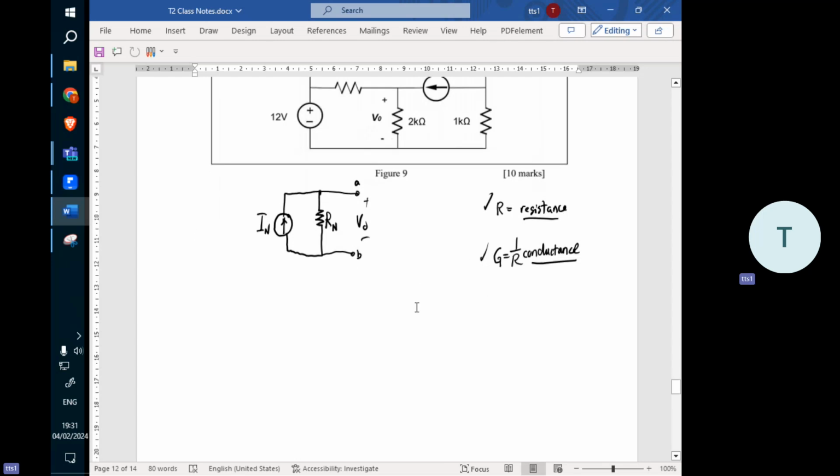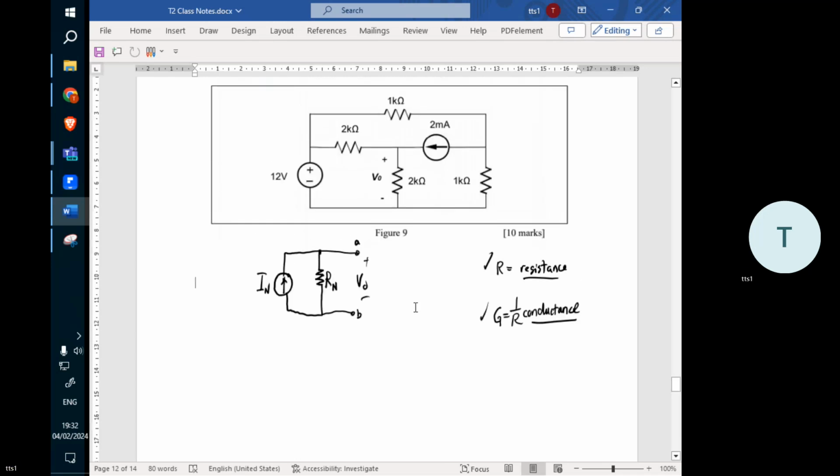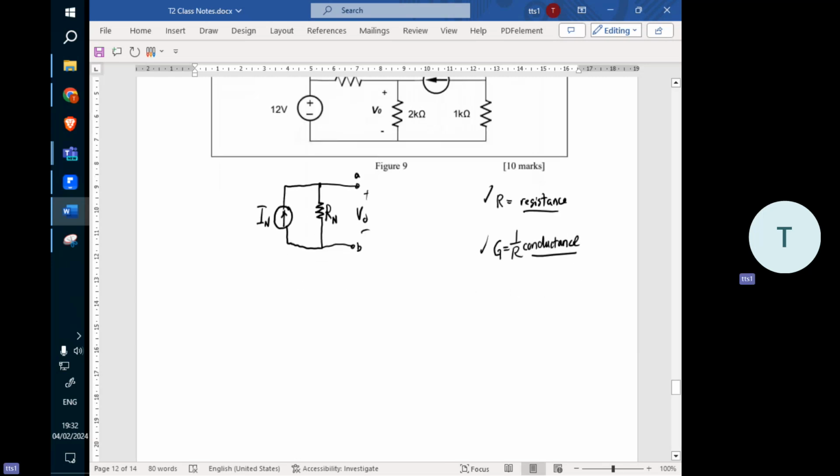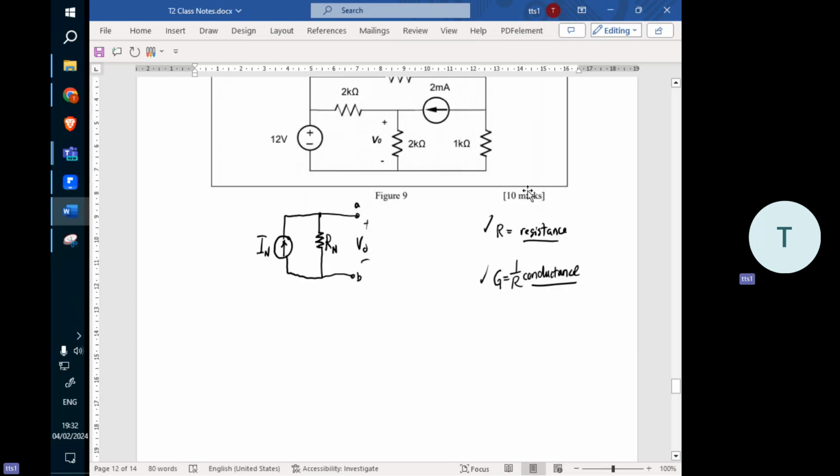Okay. So the first step here to do the Norton. First, we take away the current source.